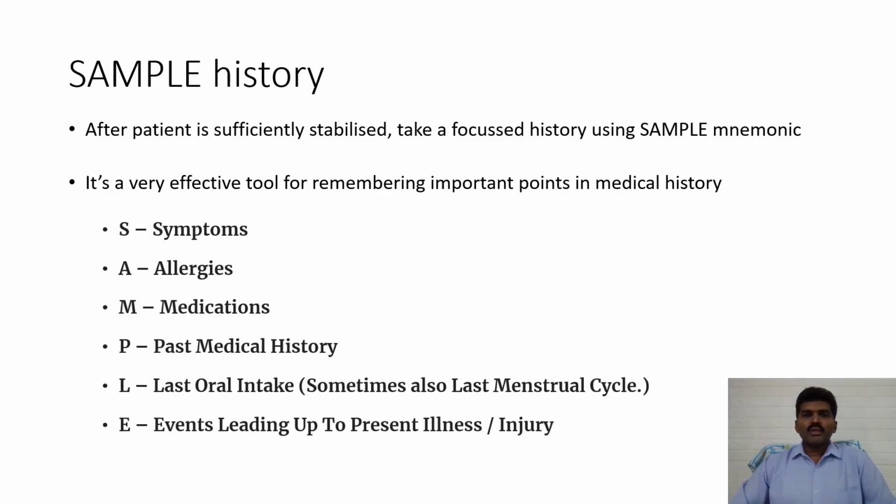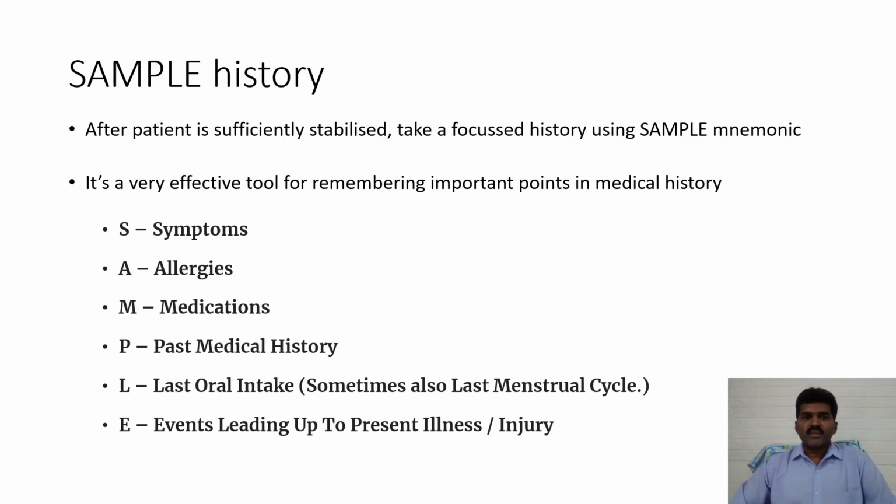So when you stabilize the patient using the ABCDE approach, you are going to take history, and this is going to be a precise history with the relevant positive and negative points. You are going to follow a scheme called SAMPLE history for taking the history without missing any important points.